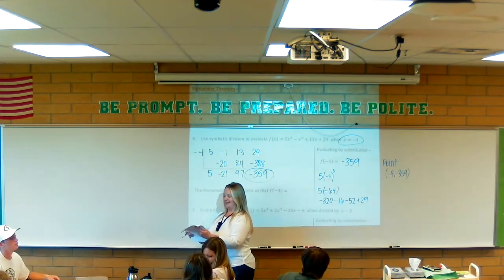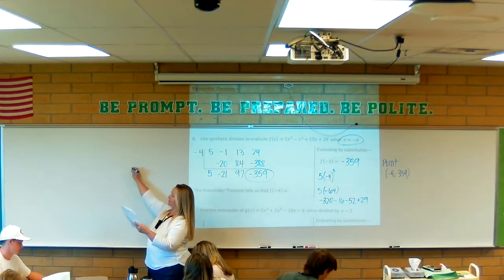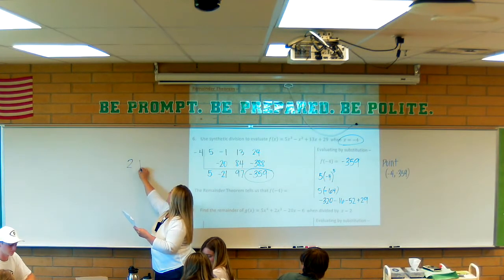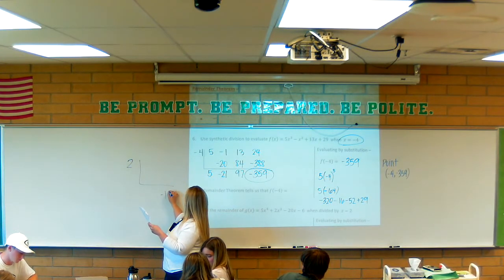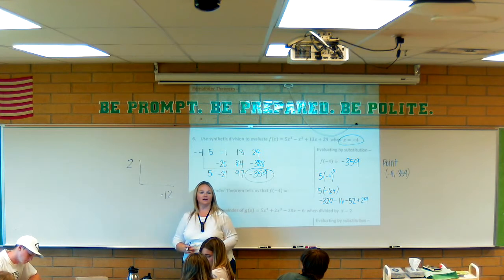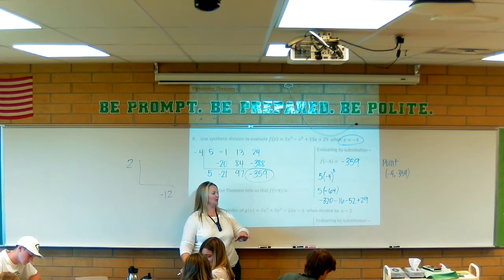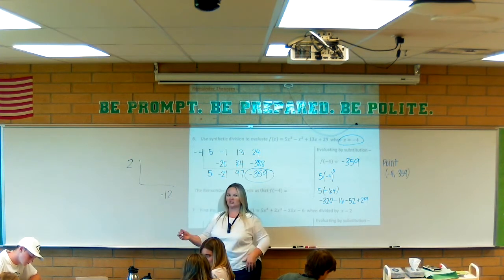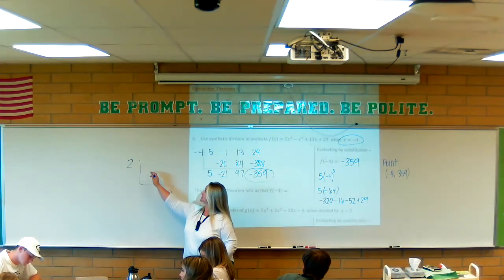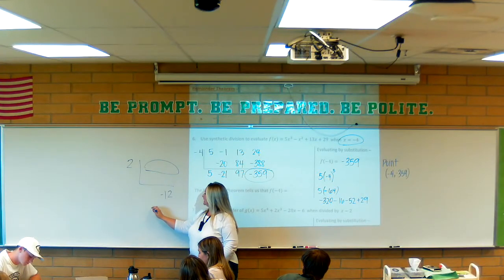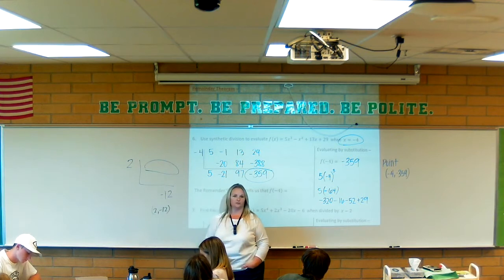The problem we just did a second ago, we plugged in a 2 and our remainder was a -12. So even though I didn't necessarily need that information, I now know that for whatever this function is, it goes through the point (2, -12).